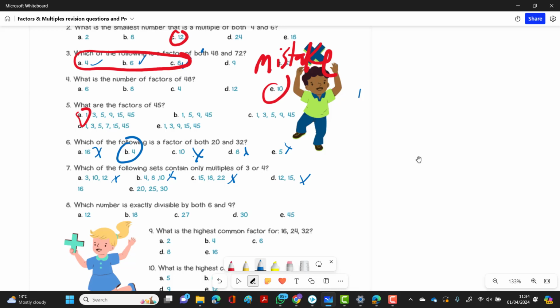It's 3 or 4. Just highlight the keywords. It's good to always highlight or underline the keywords. There's only multiples of 3 or 4. This one's there. 7 should be D.